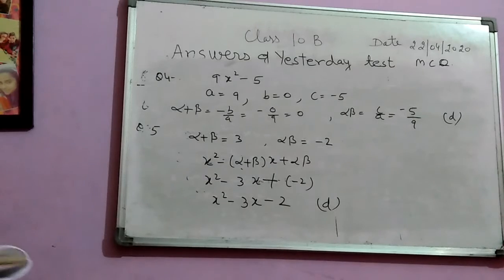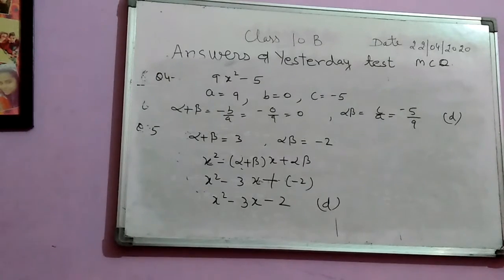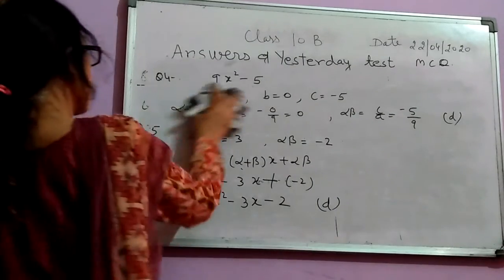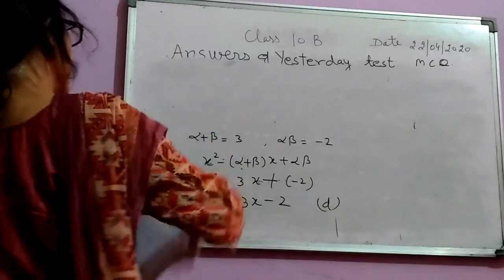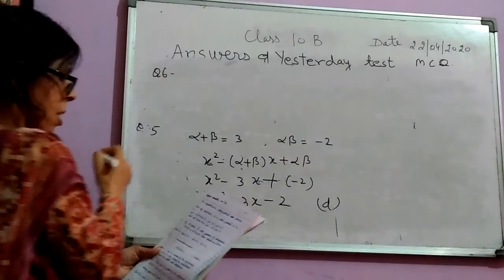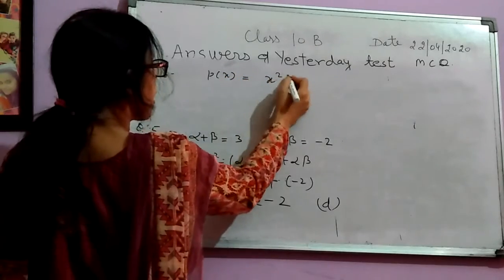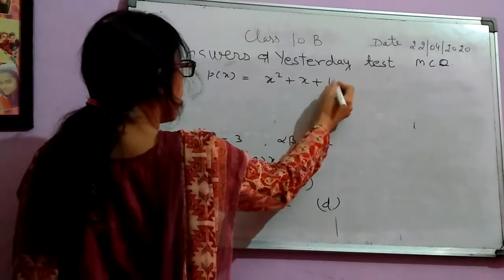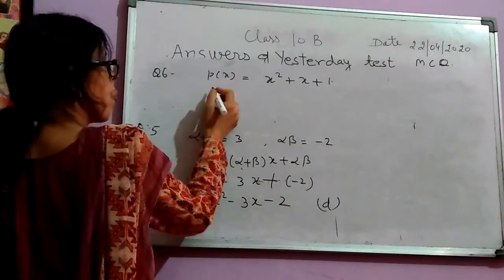Now the sixth question. If alpha and beta are the zeros of the polynomial, you have to find alpha plus beta. The given polynomial is x square plus x plus 1. For finding alpha plus beta, you have to write the coefficients of the polynomial.